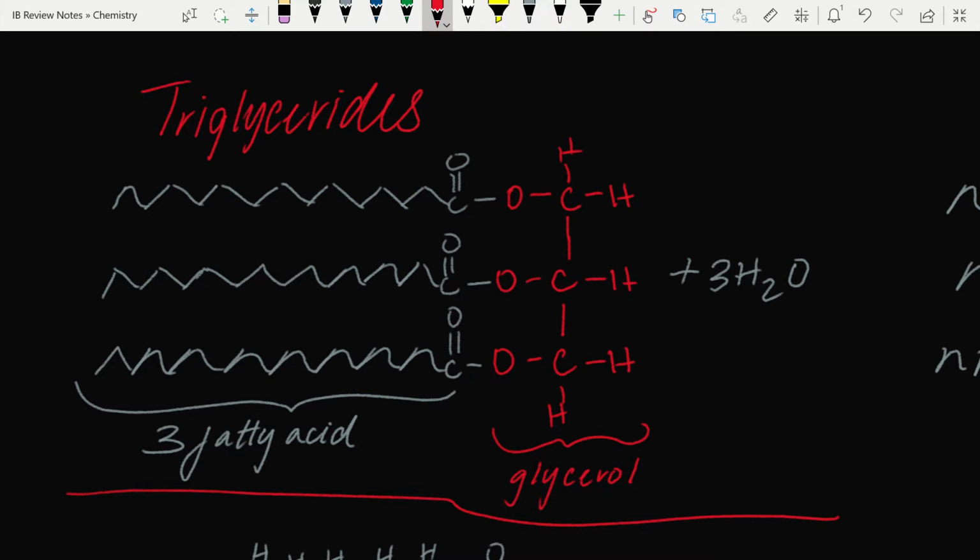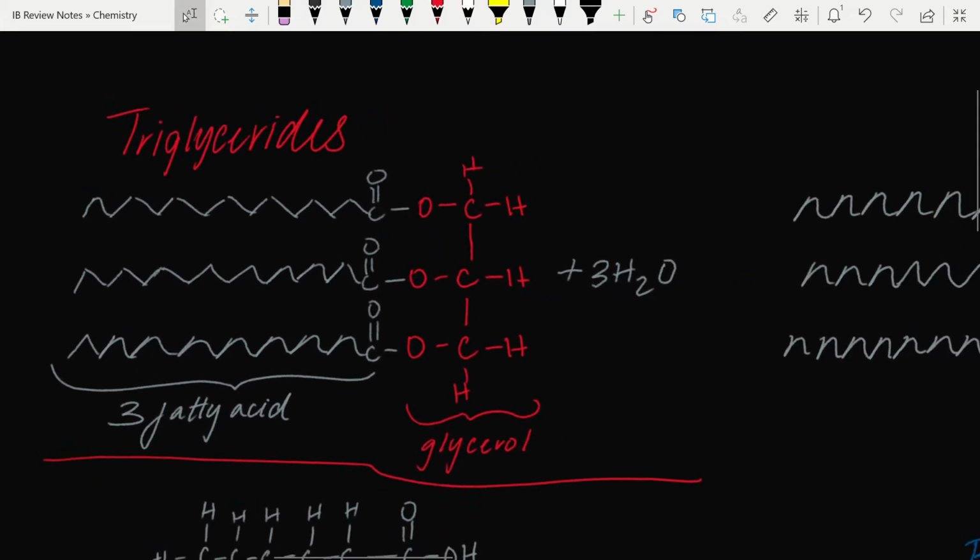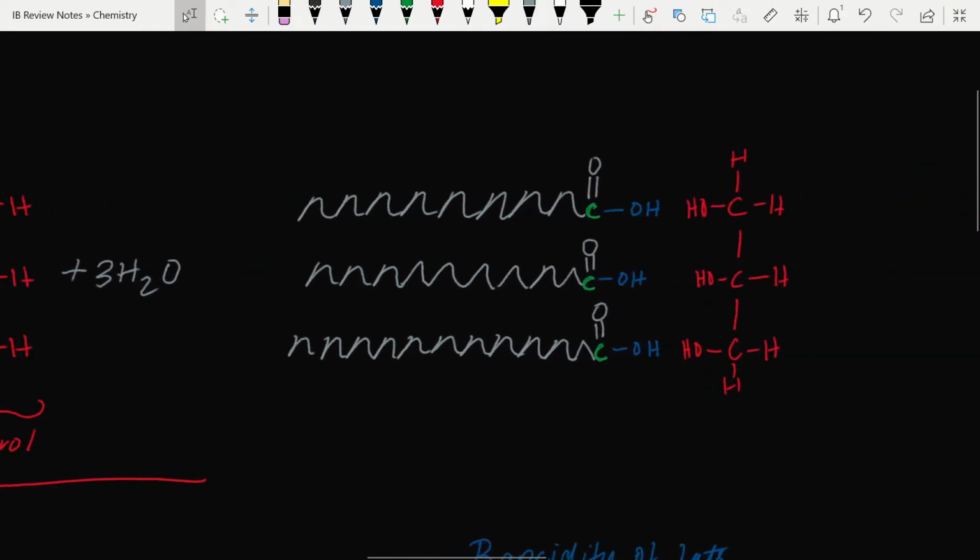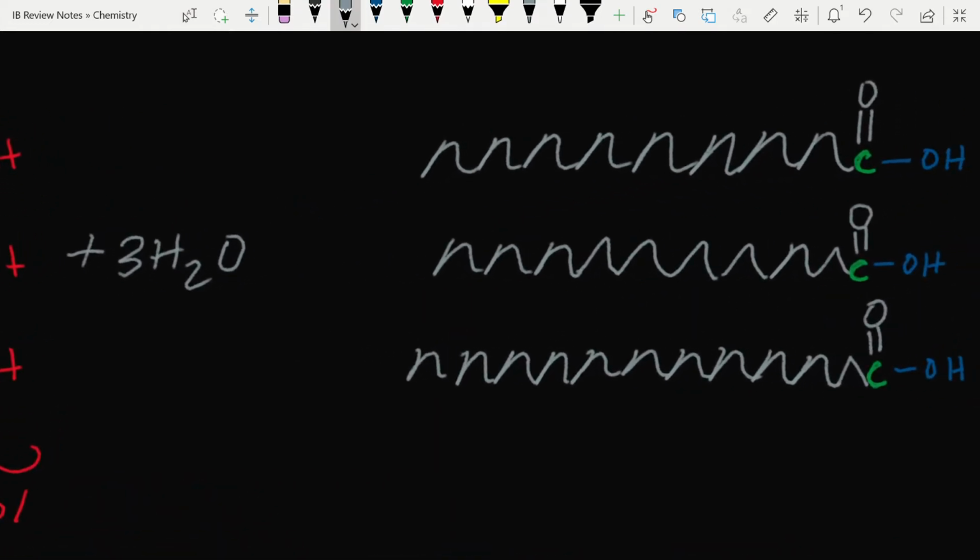It has 3 fatty acids and a glycerol attached, and when you make a triglyceride, you get 3 H2Os. This is because it undergoes a condensation reaction.